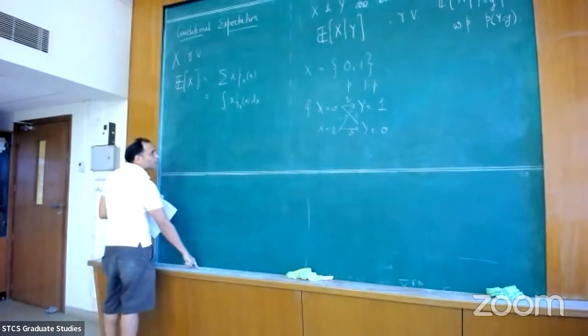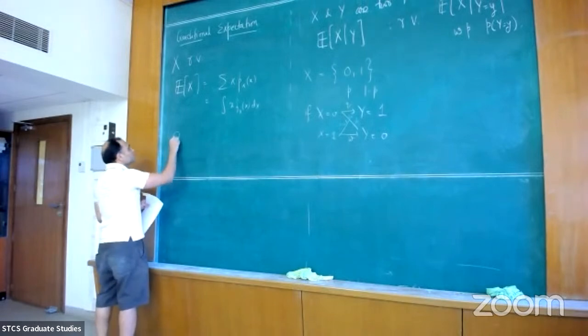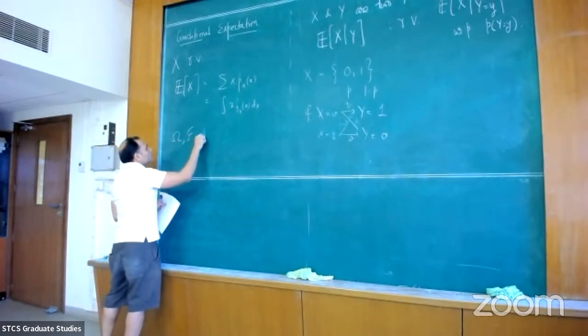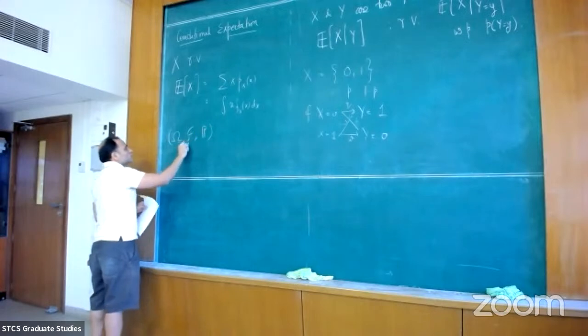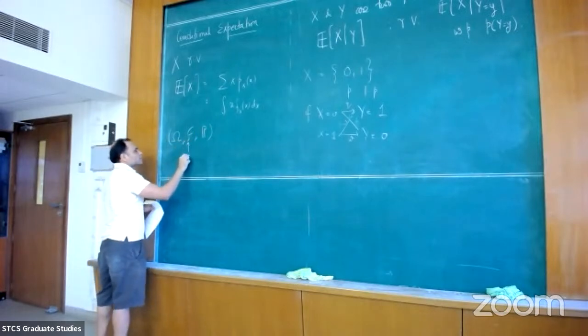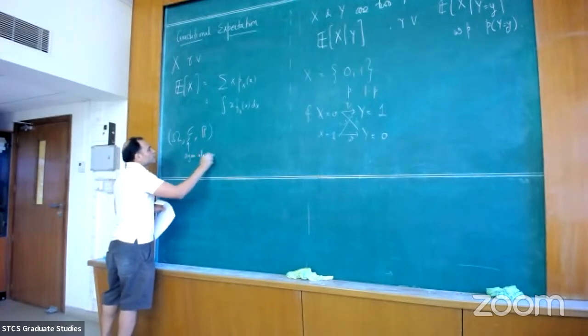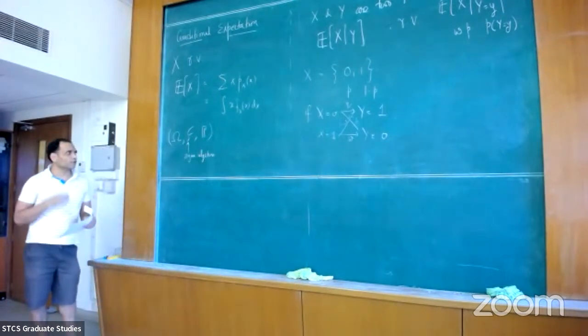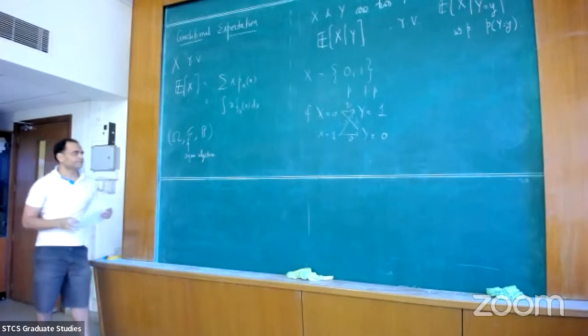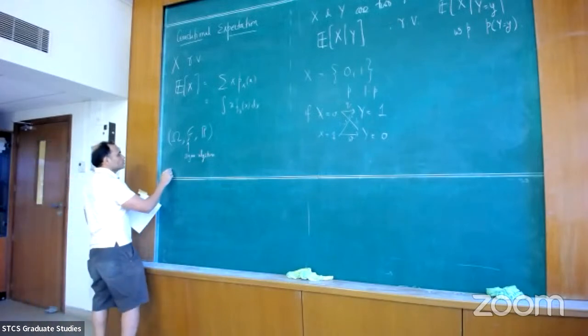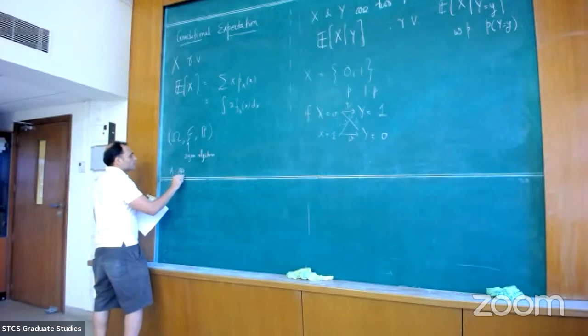So in class 1, I talked about something called a sigma algebra. So omega, F, and P, where F was my sigma algebra. Essentially, you should think of all the events belonging to the power set of omega for which I want to assign probabilities. So now I'm going to define something.